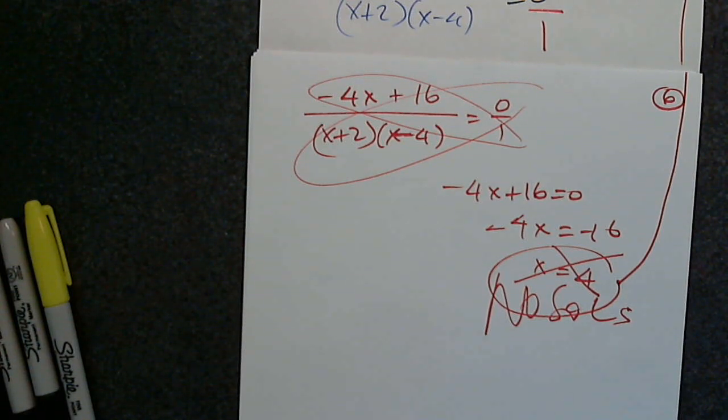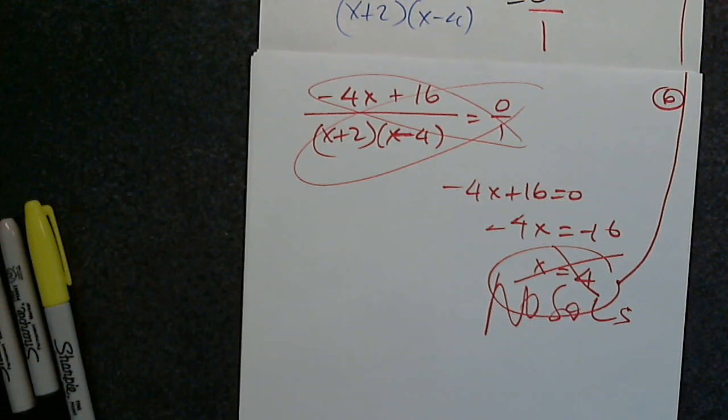Would that be better? So then linear, quadratic, rational, quadratic in form, radical, absolute value, okay, quadratic in form. Very good.